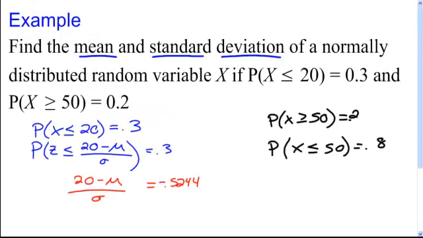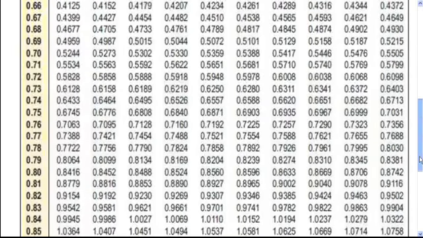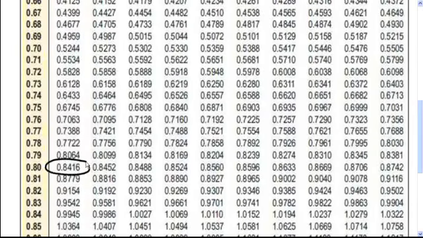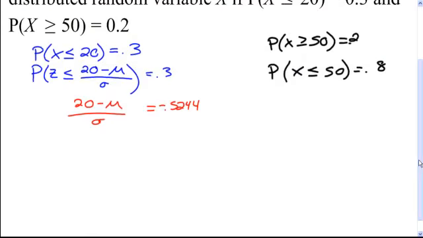So now I have to look at my table, find where 80% is, and that's going to be my z-value. So 80% is 0.8416.